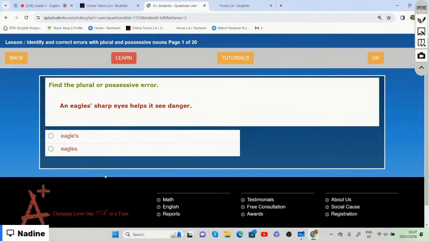Do we need to change it to the first option, which is eagles, eagles' sharp eyes, or the second option? So we can then say the eagles'.